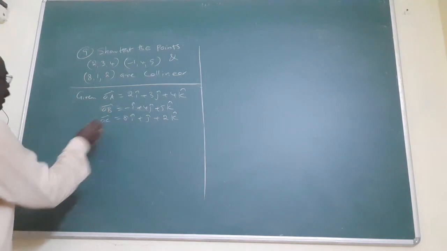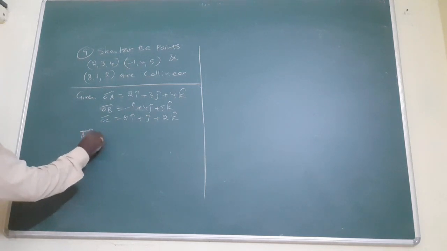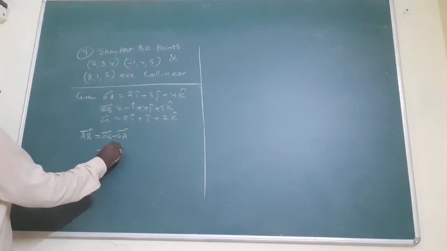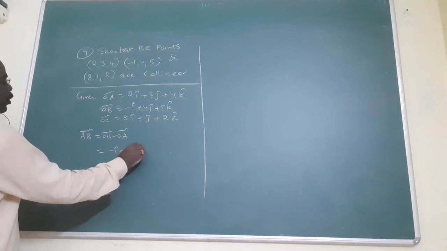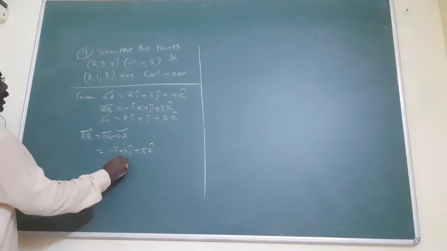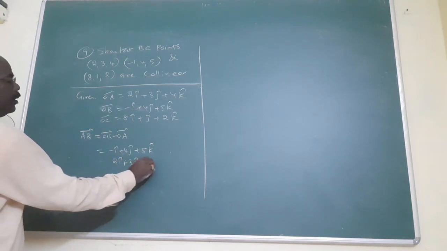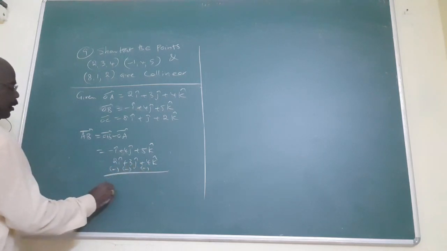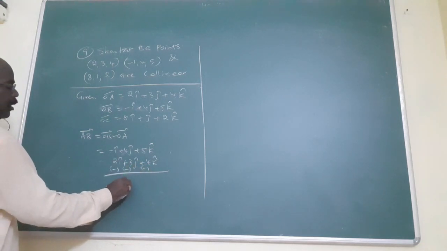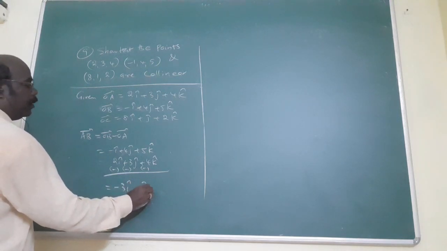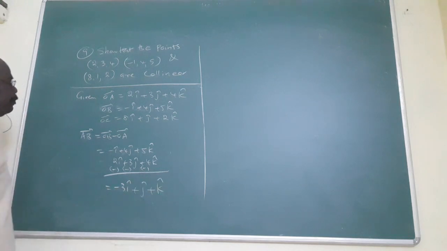Collinear means, by the vector idea, OA, OB, OC are given. Now find AB vector, OB minus OA. OB is what? Minus i cap plus 4 j cap plus 5 k cap. OA is what? 2 i cap plus 3 j cap plus 4 k cap. Here minus, here minus, here minus. Equal to adding: minus 3 i cap plus 1 j cap plus 1 k cap. Am I right?